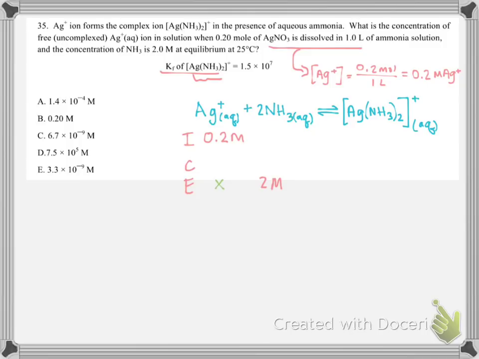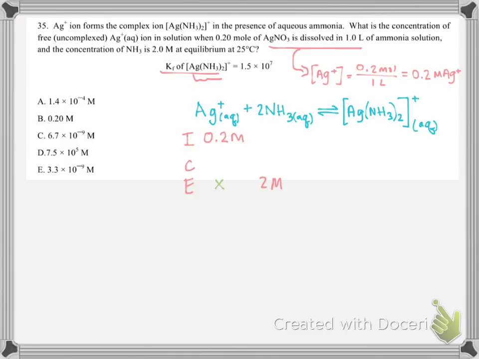And they don't give any other information. Okay. So this is where the remix part of our table comes in, because we don't really have enough information to do a traditional ice table setup. We don't have initial ammonia concentration, we don't have initial complex concentration.